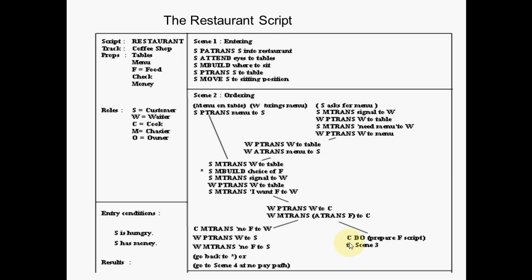Till the food is being prepared by the cook, or cook sends the waiter back telling the customer that the food is not available. Customer will choose some new food item, and then again the waiter will go to the cook, and then cook will prepare the food, or customer may just opt to go out of the restaurant. That is scene number 4.